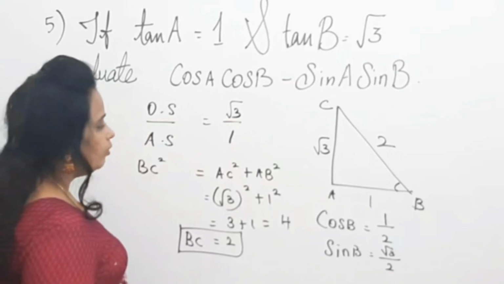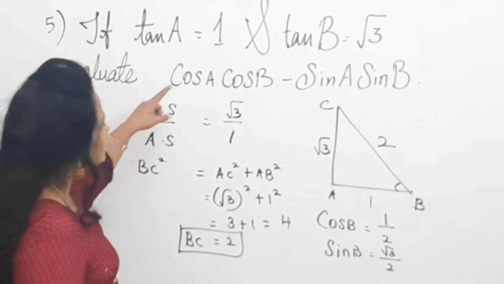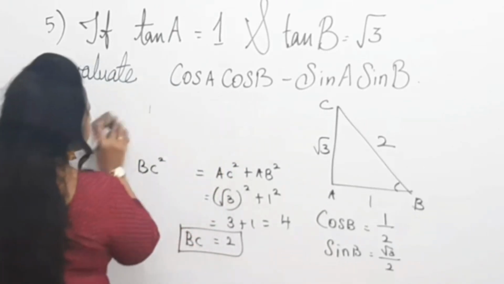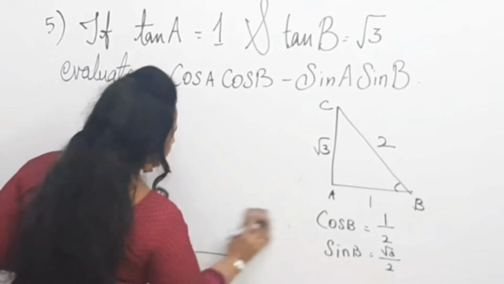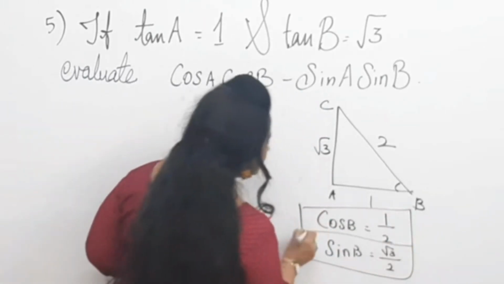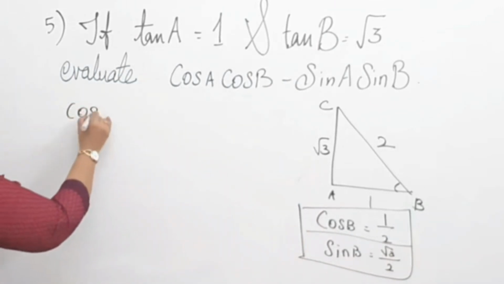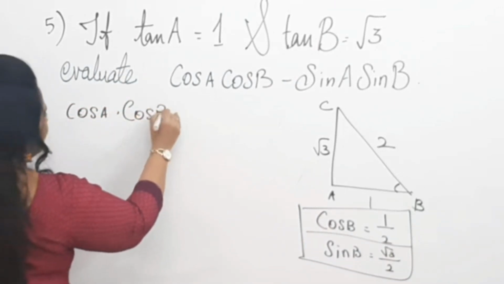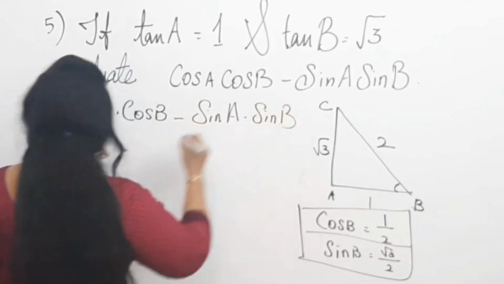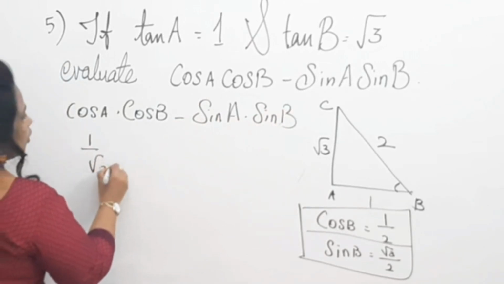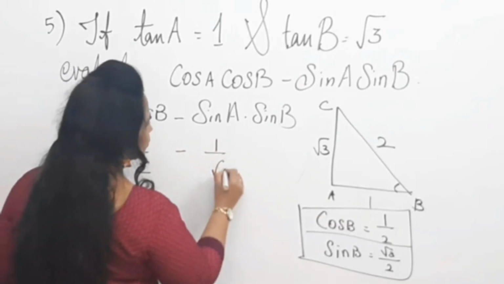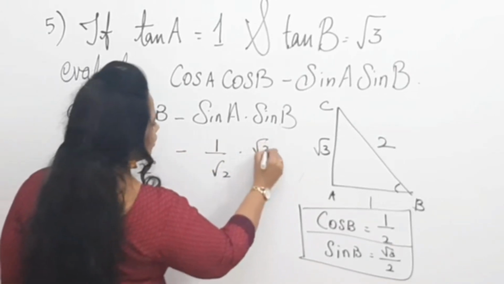So I get my values here, and I already got cos A and sin A as 1 by root 2. So I will substitute on my left hand side to get my values. I would have cos A into cos B minus sin A into sin B. So cos A I got as 1 by root 2, cos B as 1 by 2, minus sin A as 1 by root 2, into sin B as root 3 by 2.